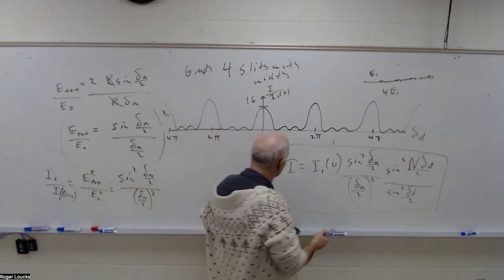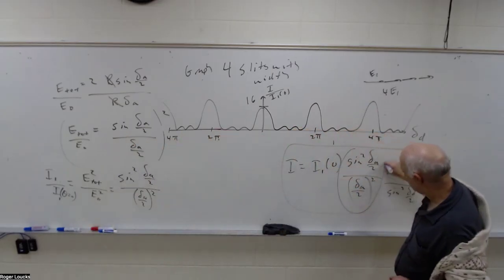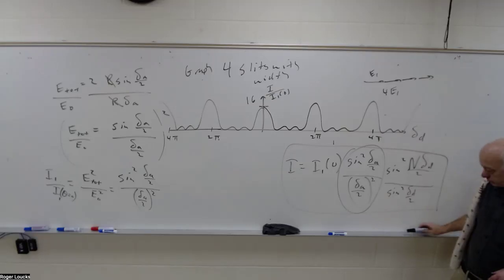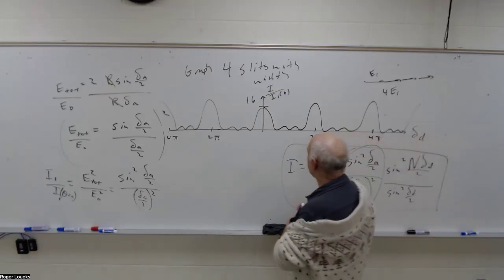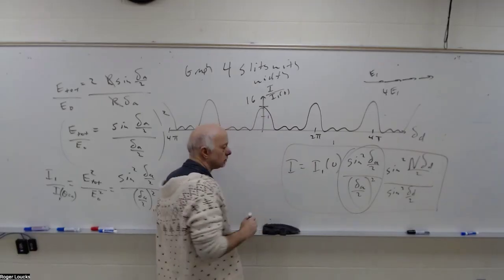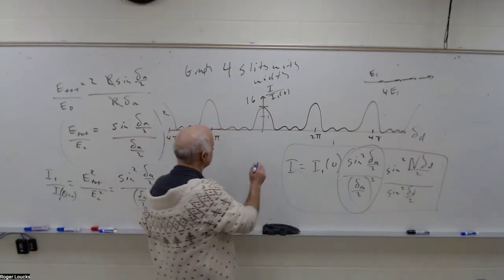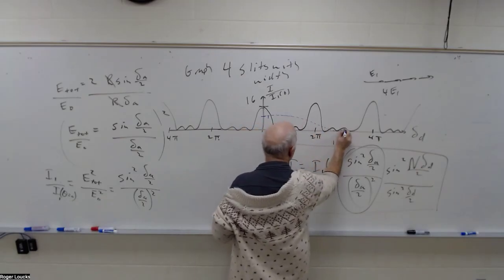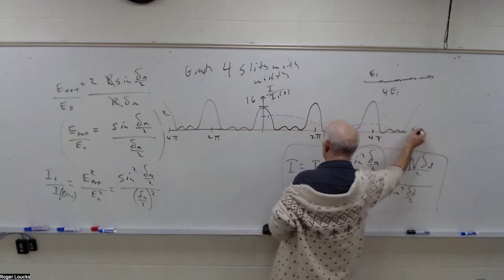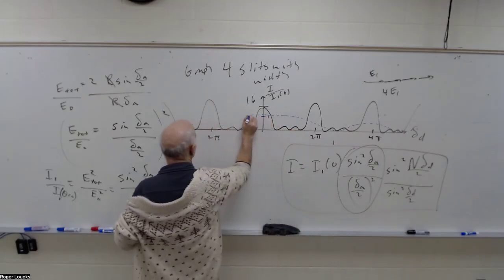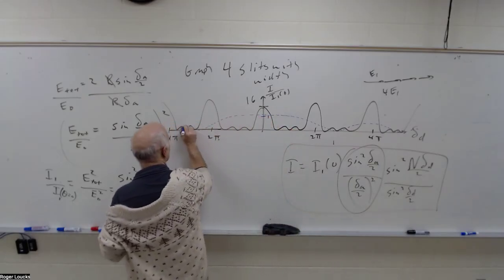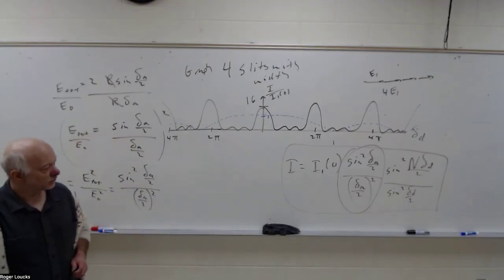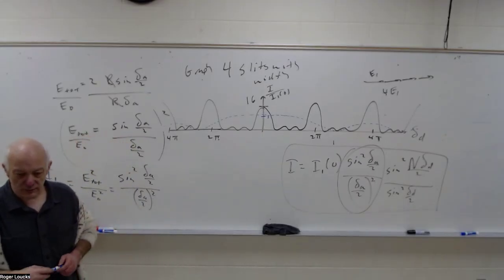Now, what does this term here look like? It has a maximum value of 1, and it's kind of drawn like this. So if I multiply those two together, what's going to happen?